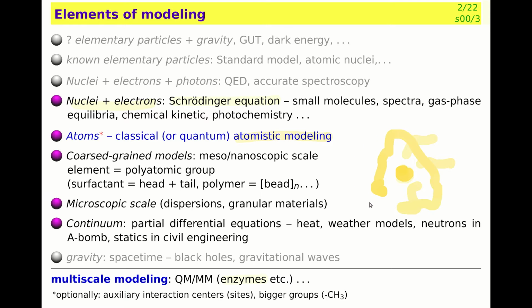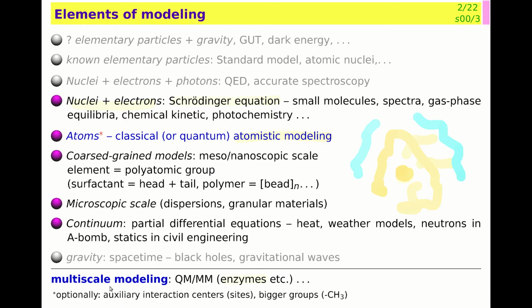For example, this protein may be in water. In water it means, if the protein is large enough, tens of thousands of water molecules. Again, this is demanding, so we can use a continuum instead of that water around. So we have a third level of modeling.